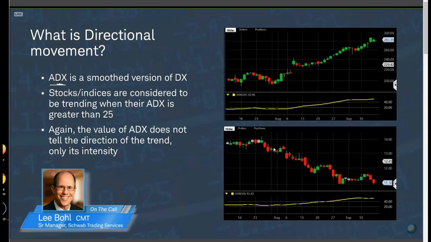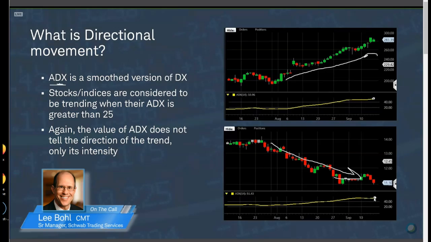So let's take a look. This is obviously trending higher. You can see that ADX is over 40. Here's another where ADX is exactly the same number, over 40, but the trend is lower.